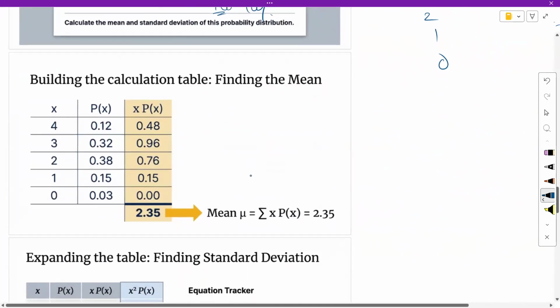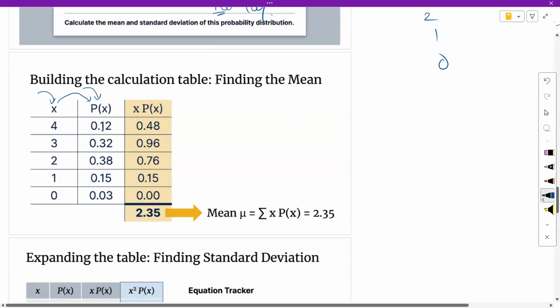Here, a worked example building the calculation. First, you have to prepare a table. That table should contain the value of x, the variable x, and the probability of that variable x. Here for 12%, like that it has been written. And now x multiplied by probability of x.